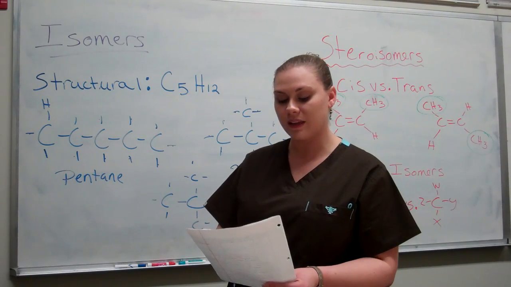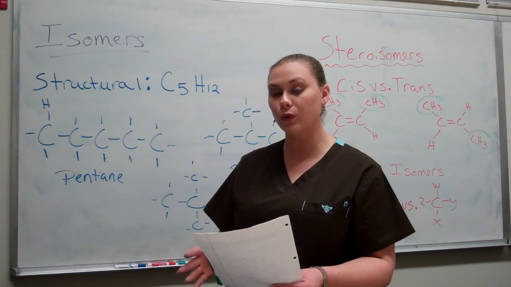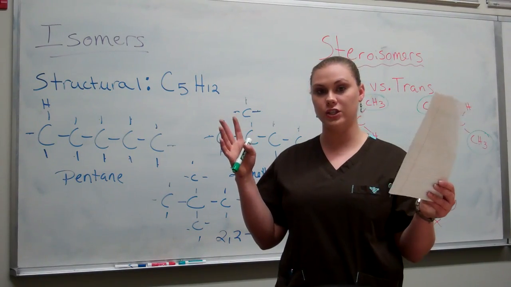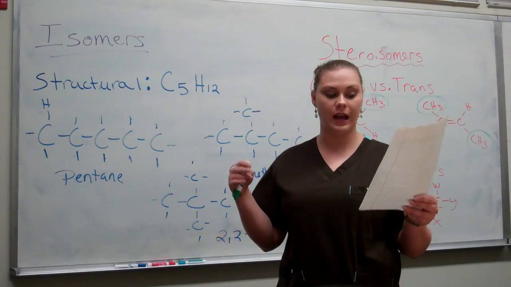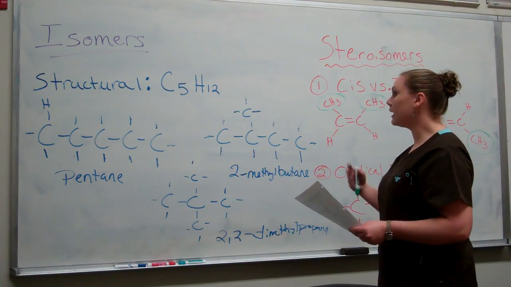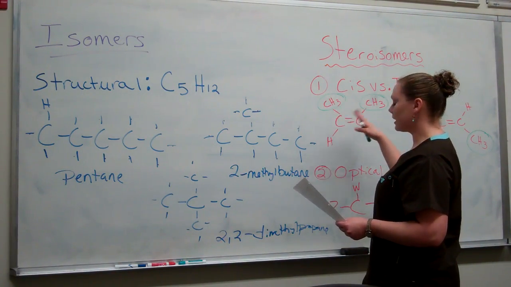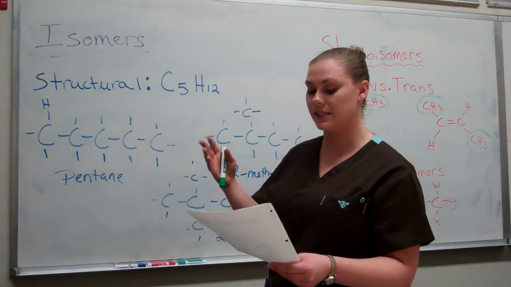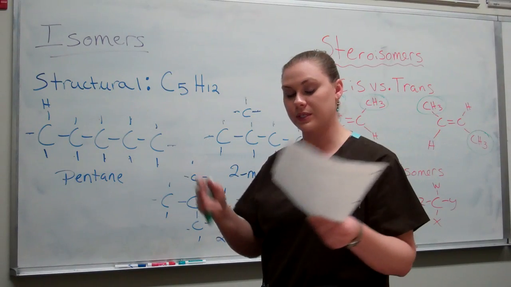So even though it's not the exact same molecular formula, there's still a fluoro on top of each side, and there's still a hydrogen on the bottom of each side. So that's geometric because it's like a cis versus a trans thing. That would be a cis because they're both on top.